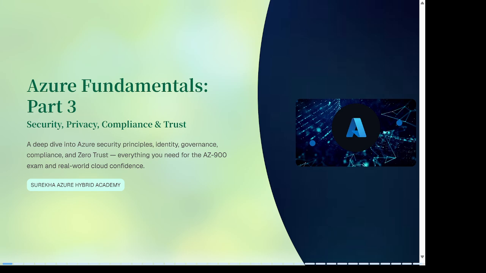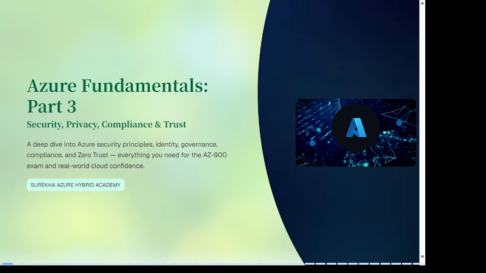In this chapter, we are going to take a deep dive into Azure security architecture. We will explore how Azure verifies identities, protects data, secures applications and infrastructure, enforces governance policies, and helps organizations meet global compliance requirements.